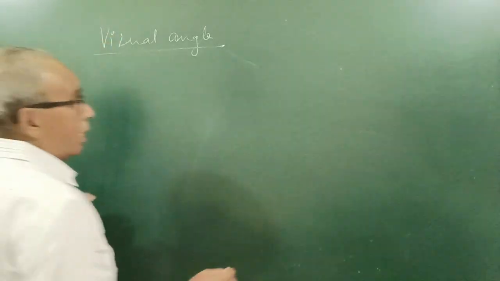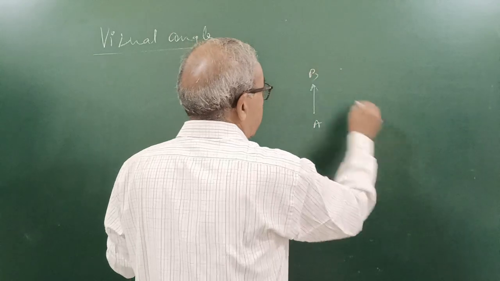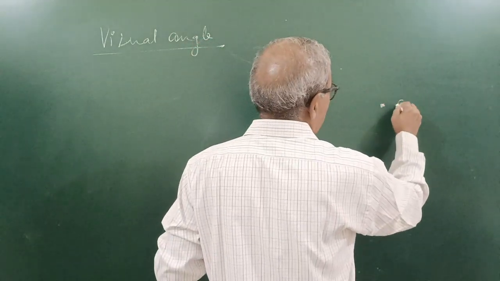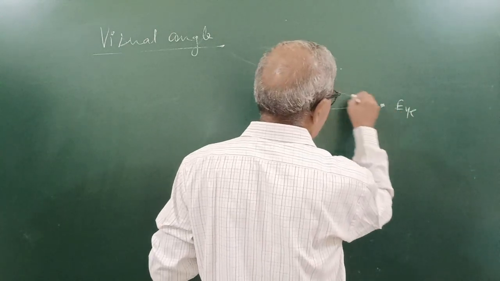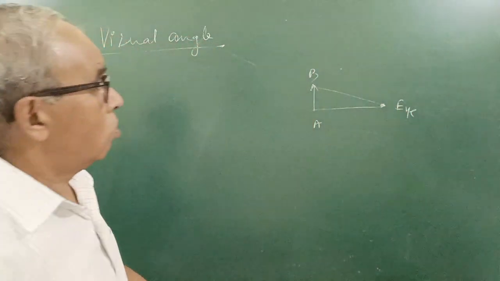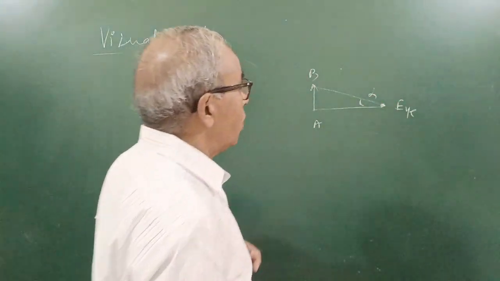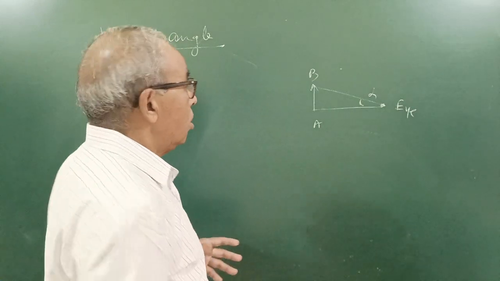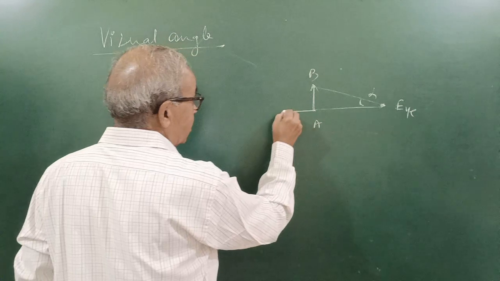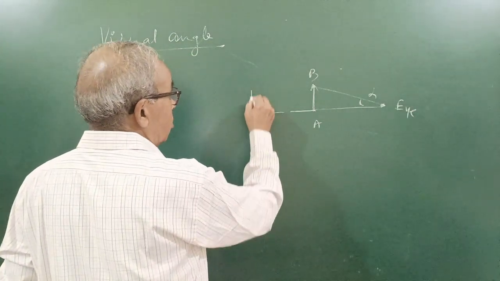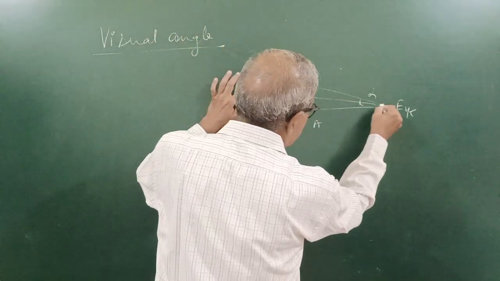What is visual angle? Suppose there is an object here, AB, and here is the eye. So the angle subtended by the object on the eye, I write it by alpha, is called the visual angle. Now, if the height and the length of the object are the same, but it is carried away, the angle decreases.